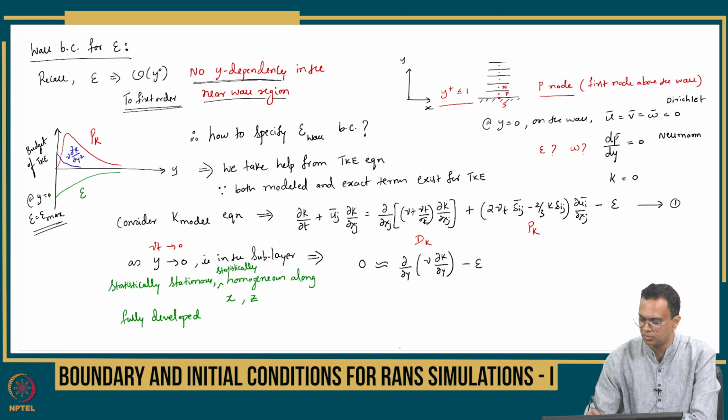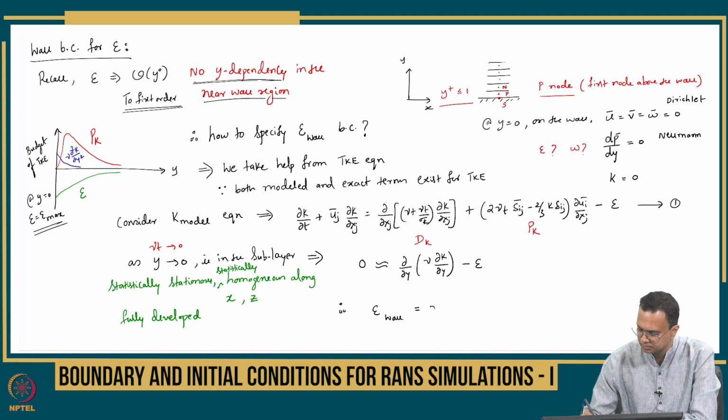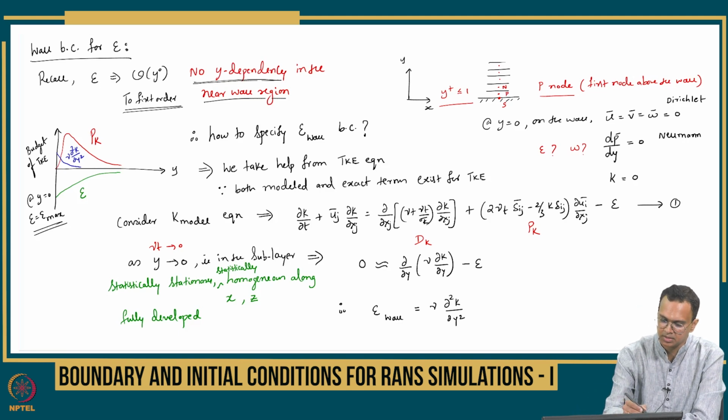So to first order, I am going to get this simplified equation here, in the sublayer as y tends to 0, and therefore I can set a boundary condition here: epsilon wall will be equal to nu ∂²k/∂y². I can set this as the boundary condition.